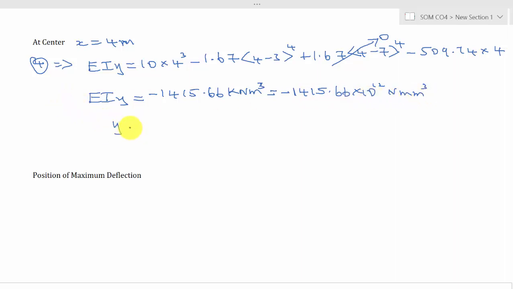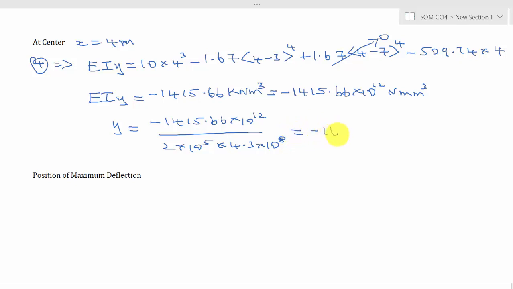So further, y is equal to minus 1415.66 into 10 power 12 and the E and I values are given in the problem. So E is 2 into 10 power 5 and I is 4.3 into 10 power 8. So if you solve this then you will get minus 16.46 mm. So this is the deflection at the center.